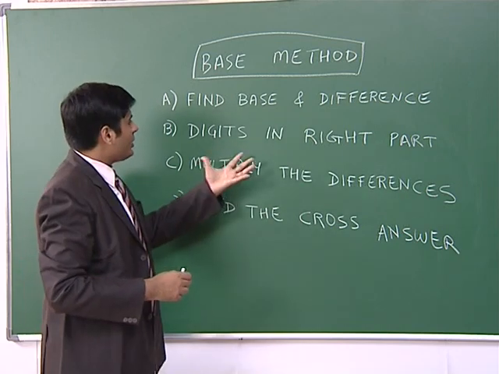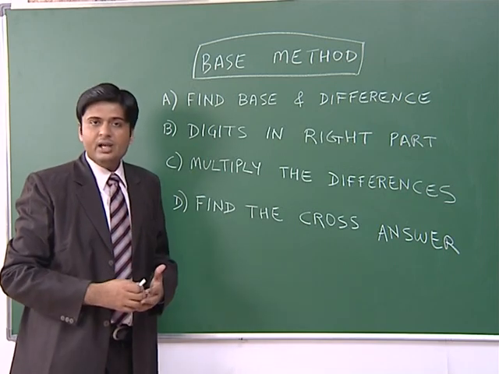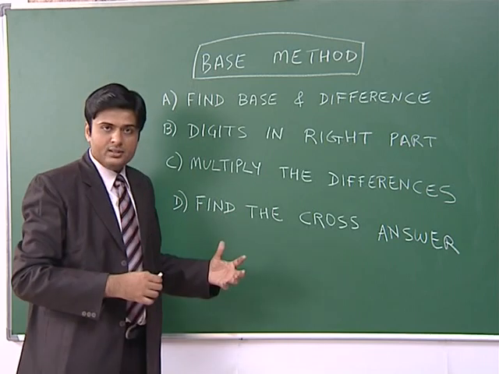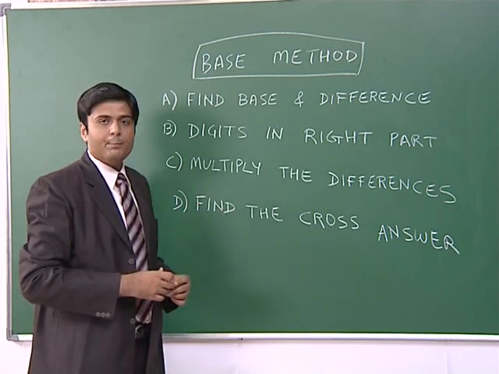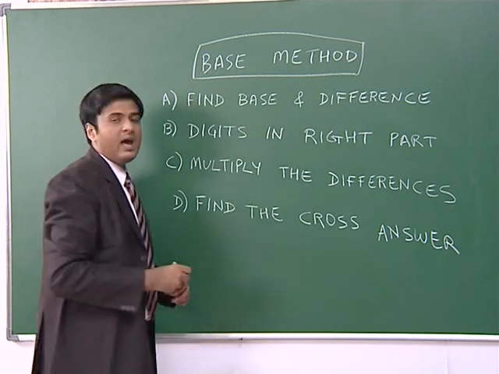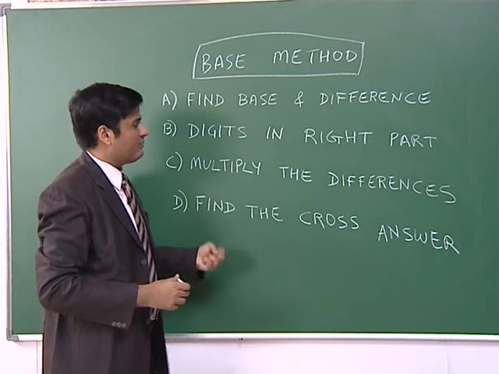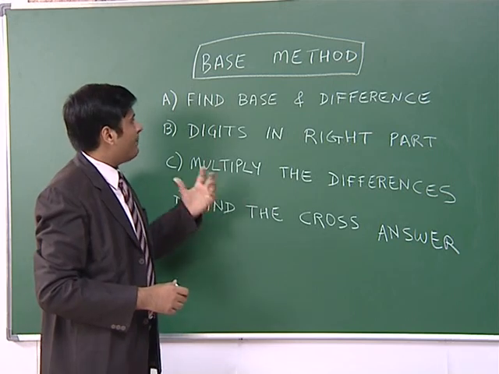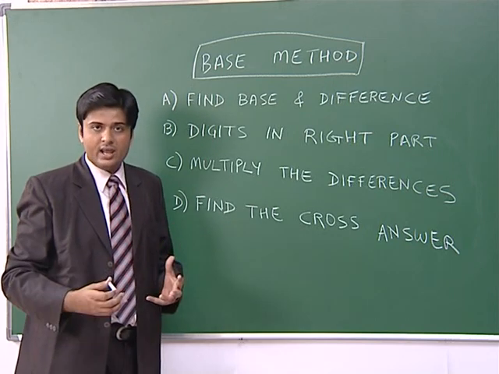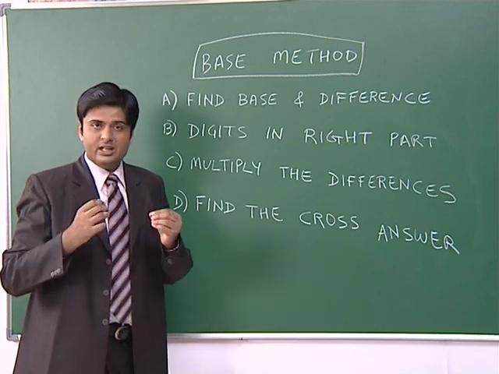Now, when you look at the steps for the first time, they do not make any sense. But when we see multiple examples at the same time, we will go through all the 4 steps and then the entire system will be clear.